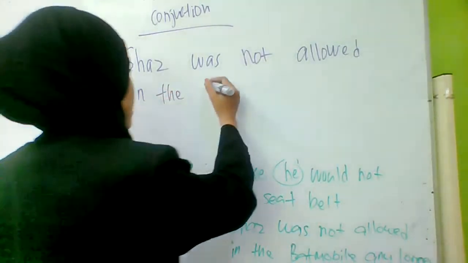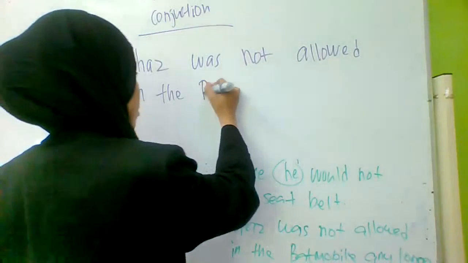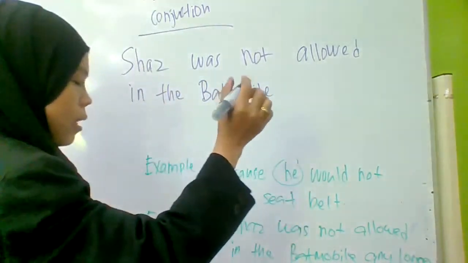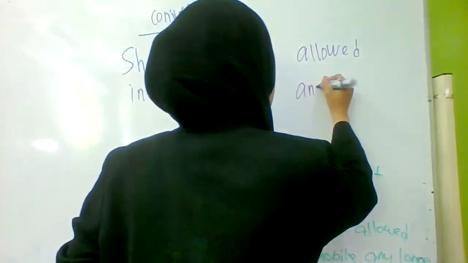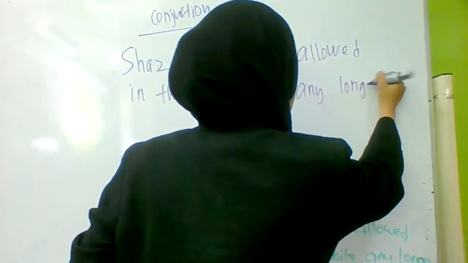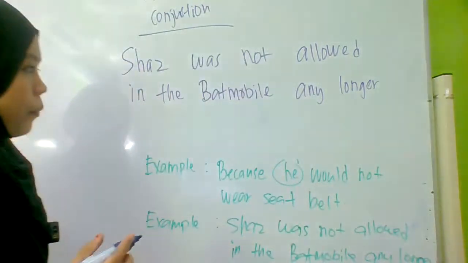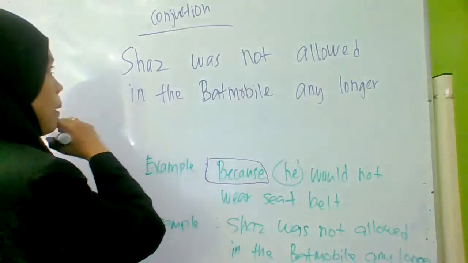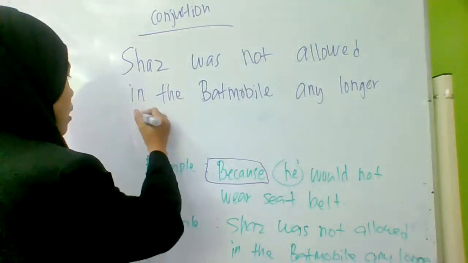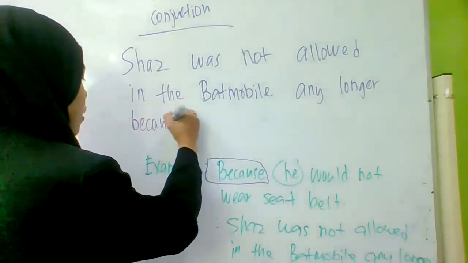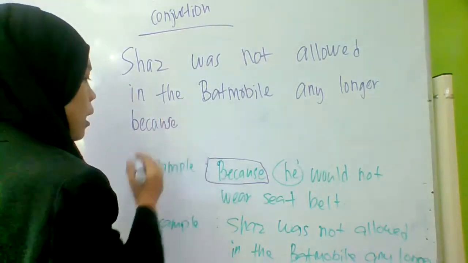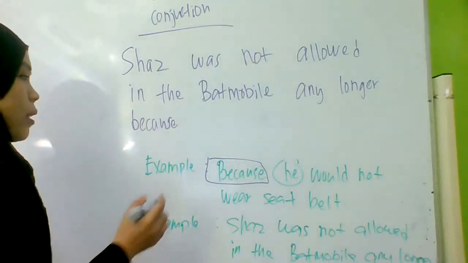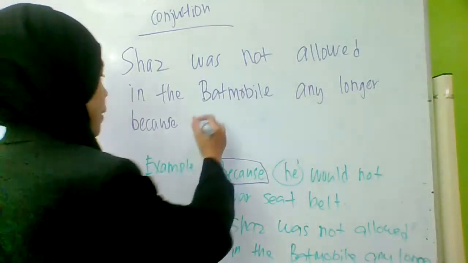You may try to do it first, and then let's see whether the sentence is similar to my sentence or whether there is any difference. We are using the subordinating conjunction because, showing cause and effect, so then you can put because. Because cannot start at the beginning of the sentence because it's incomplete.